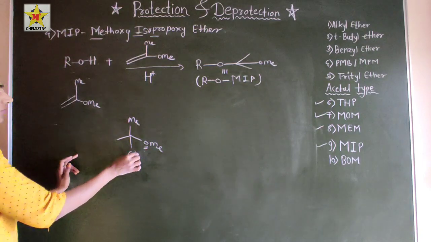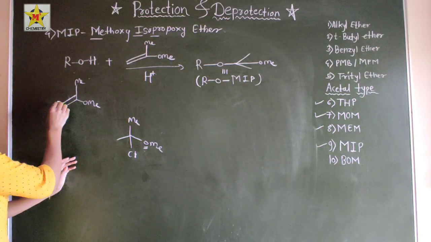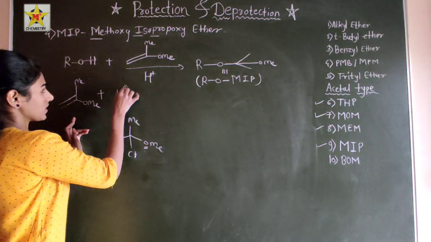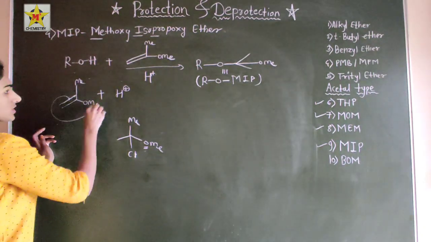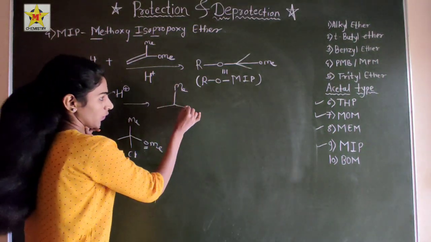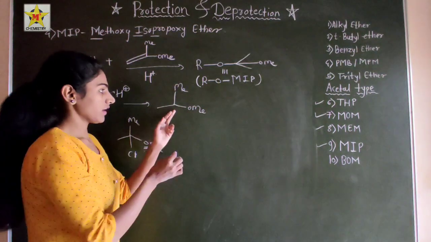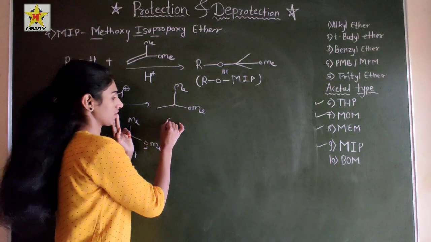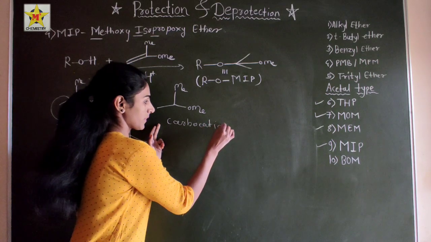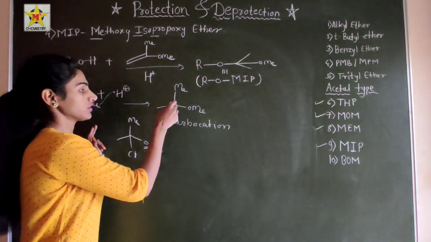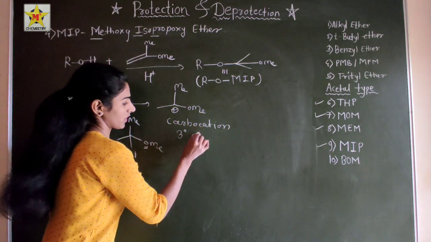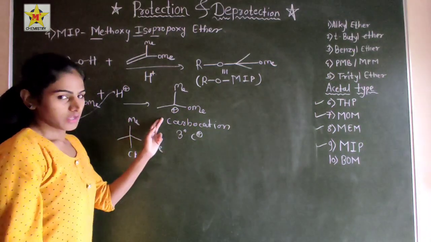That's why we are not using this, and in presence of H plus, it will take H plus and it becomes Me, OMe, and here a carbocation is generated on the tertiary position, because it is a more stable carbocation.